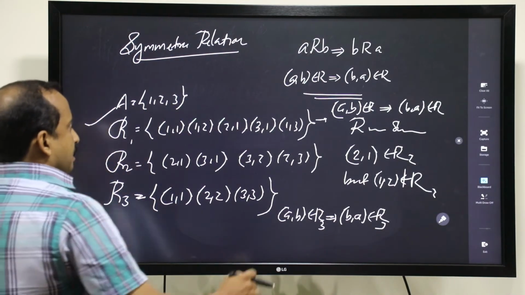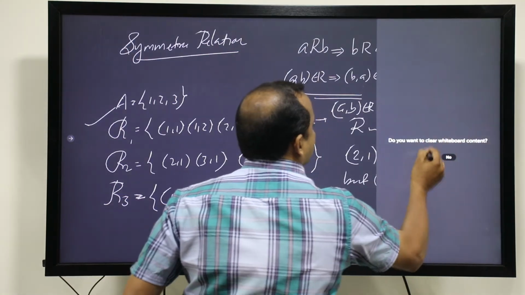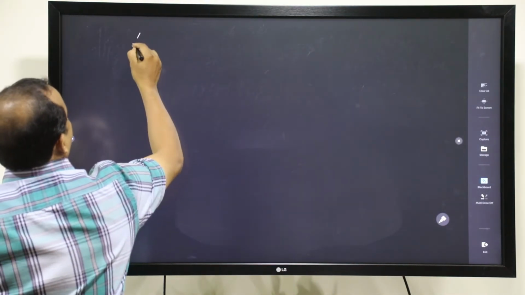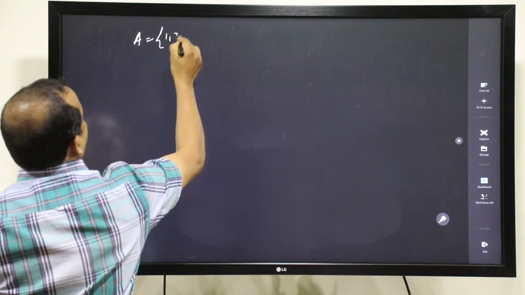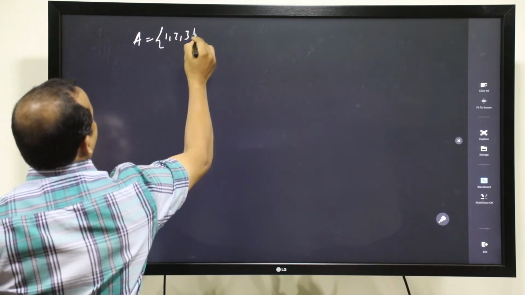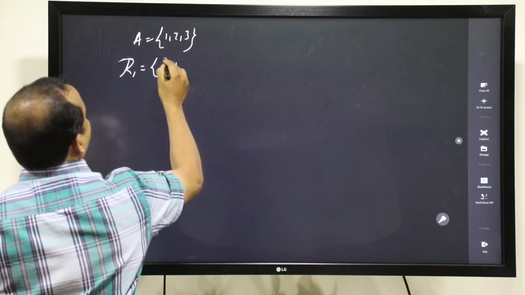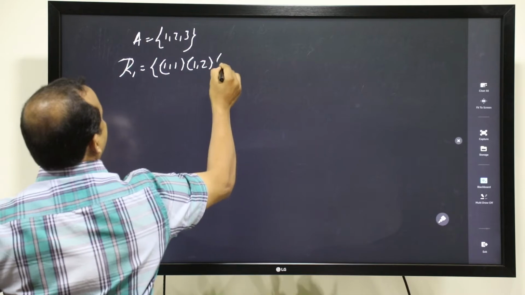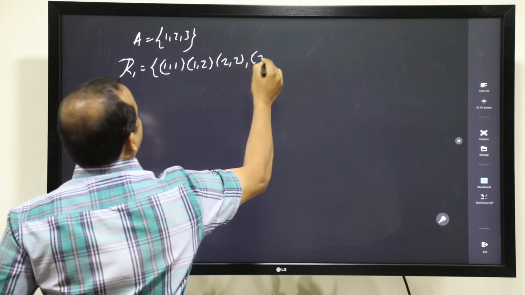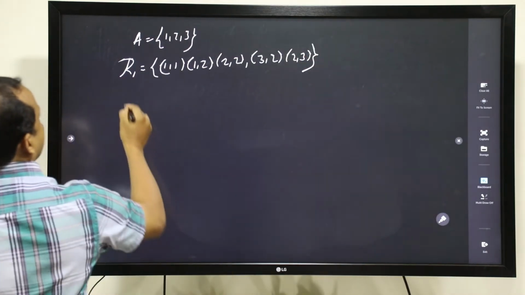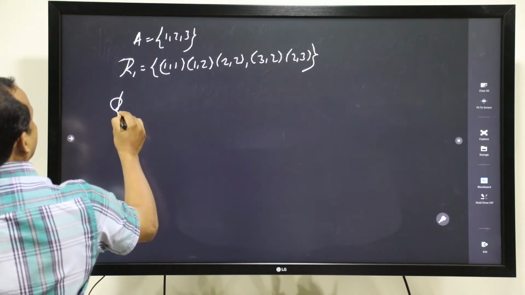Okay, clear? Now write one more question based on symmetric. Here we write A is equal to {1, 2, 3}. Here R1 is equal to {1 1, 1 2, 2 2, 3 2, 2 3}.